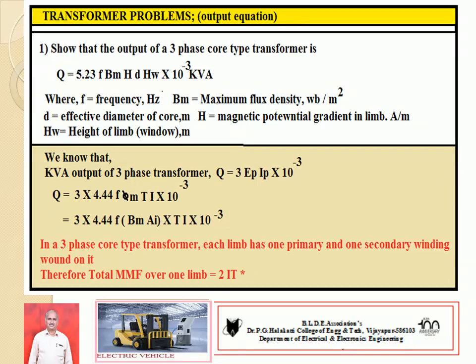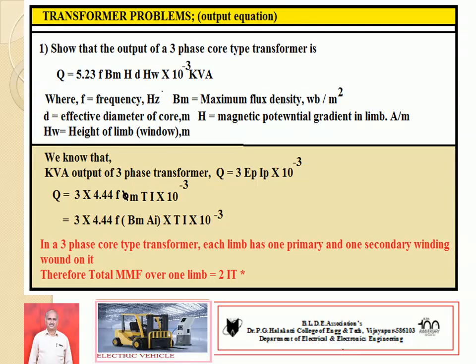The given problem is a three-phase core type transformer. What is the kVA rating for a three-phase core type transformer? Generally, Q equal to 3 times phase voltage, phase current, into 10 to the power of minus 3. Voltage into current gives VA, then 10 to the power of minus 3 gives kVA.